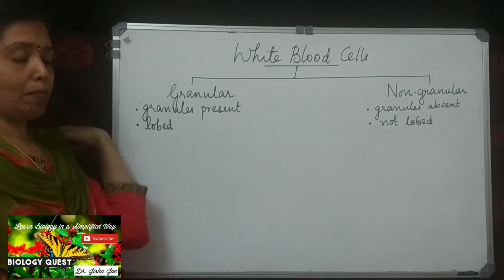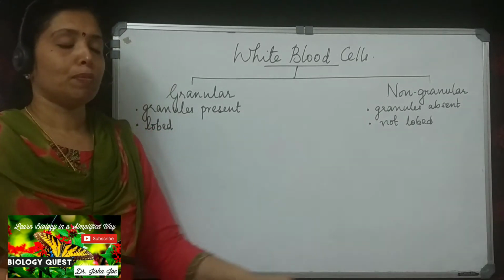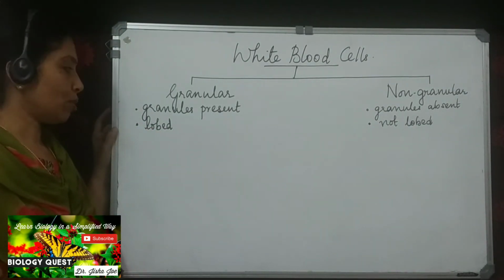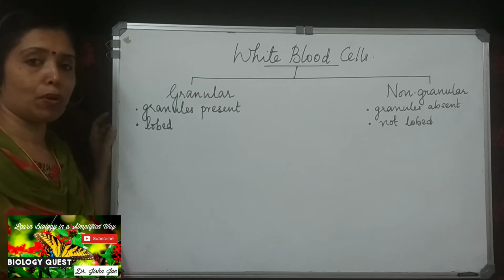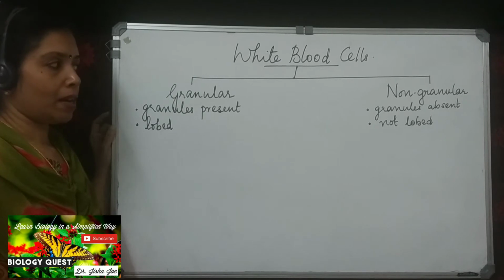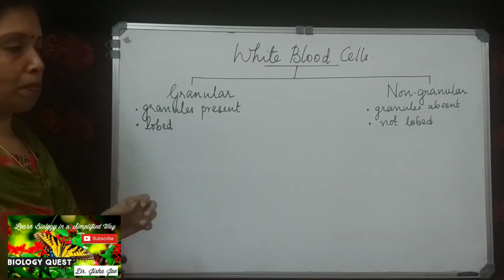In granular WBCs, granules are present, whereas in non-granular WBCs, granules are absent. The second point of difference is that in granular WBCs the nucleus is lobed, whereas in non-granular WBCs the nucleus is not lobed.